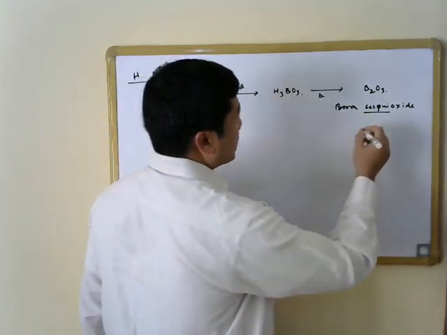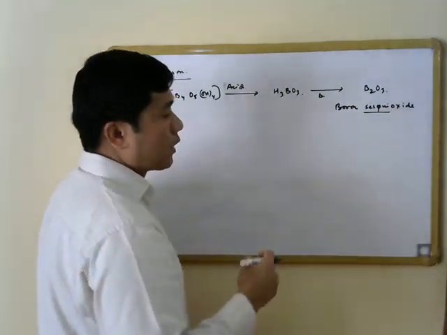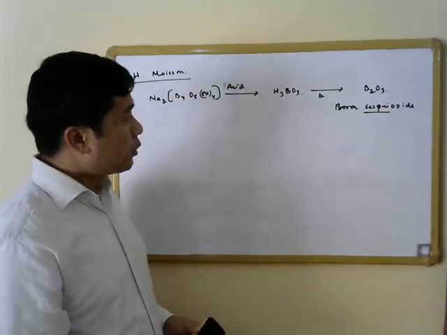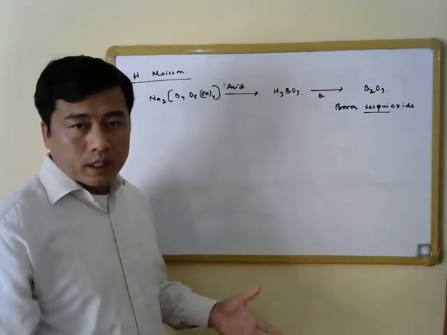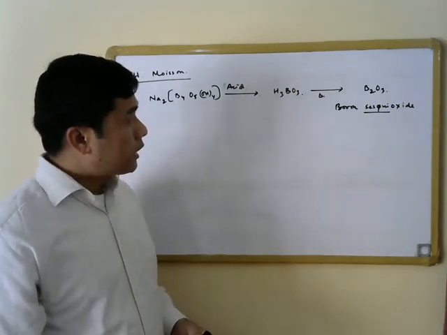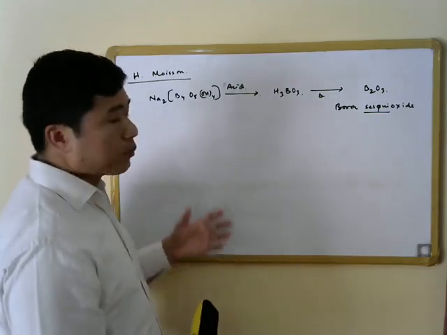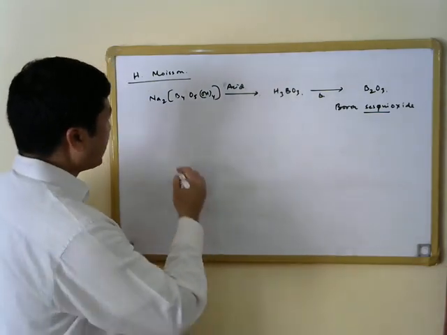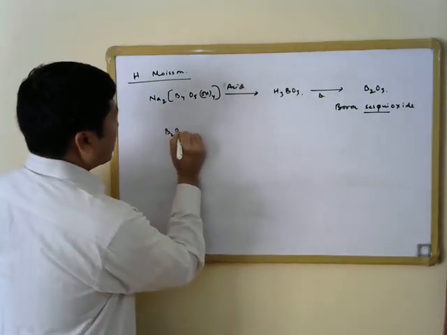Once you have B2O3, we can reduce it by using a reducing agent, and the reducing agent chosen by Henry Moissan was an electropositive metal, that is magnesium.